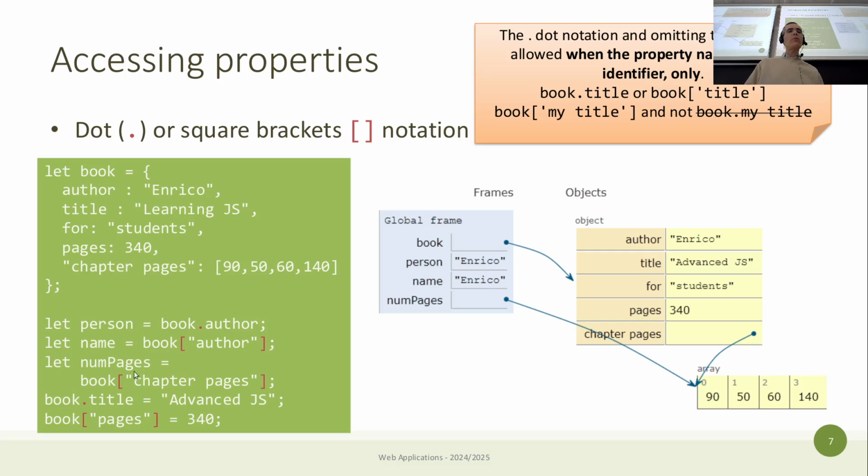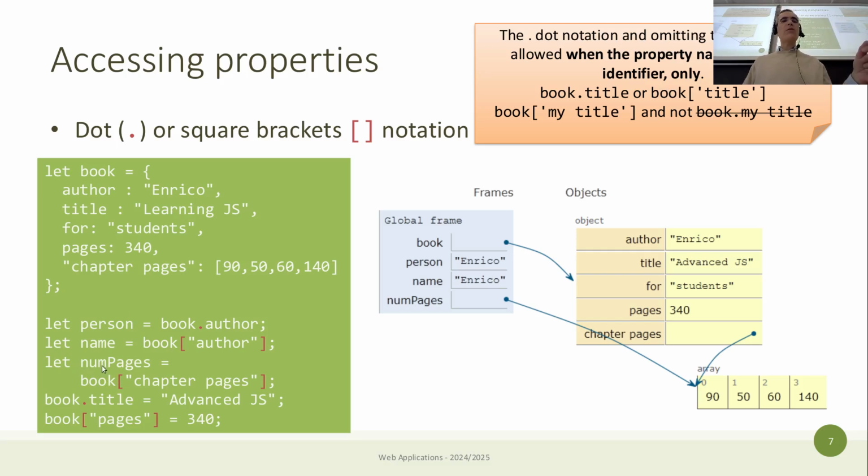If you want to copy the value of chapter pages, you access the property chapter pages of book. You take the value, and you can use it as any other value. Just remember that it is a reference. So when you use it, you have the reference to the same array that is stored in the property of the object.